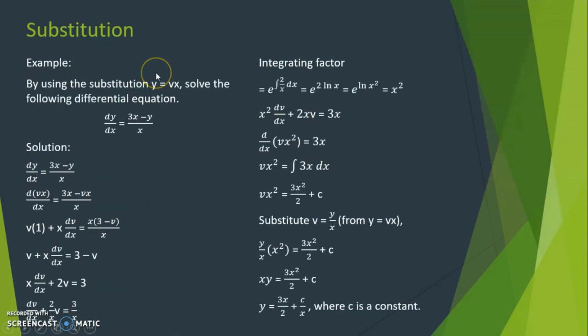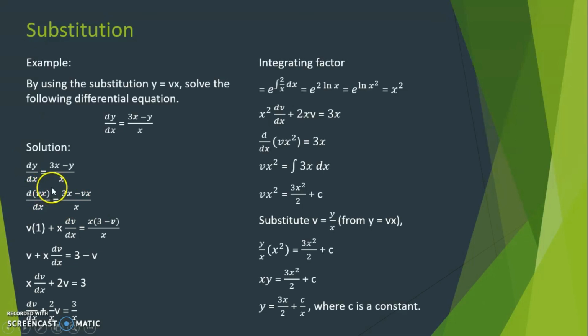The third method is using substitution. Usually we use the substitution y = vx to solve the differential equation. We look at the example: dy/dx = (3x - y)/x. We substitute vx into y, and we get d(vx)/dx = (3x - vx)/x.